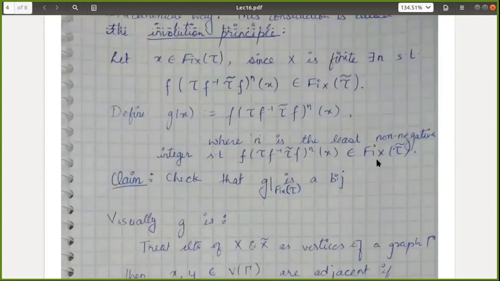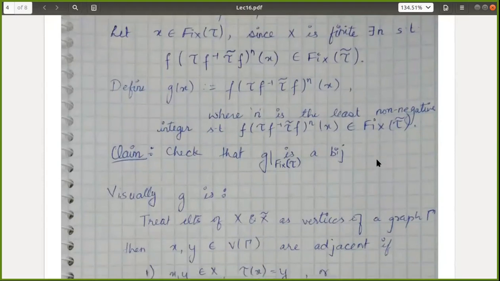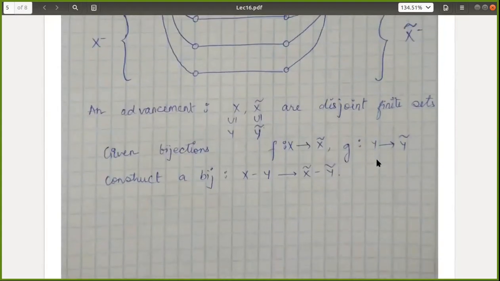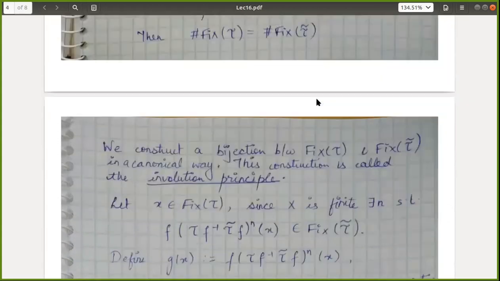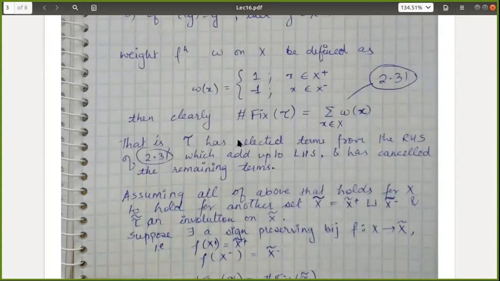So with this, we have finished the involutions. Just to mention, there are many variants of this particular data. So just here how we have taken, we started with some particular set X having two parts, and then we slowly progress to saying that, oh, what happens if you have another set with such a property, and if there is a bijection between X and X tilde which preserves their parts.